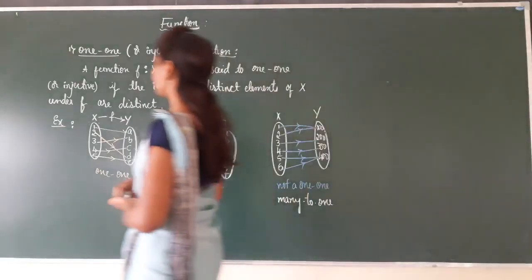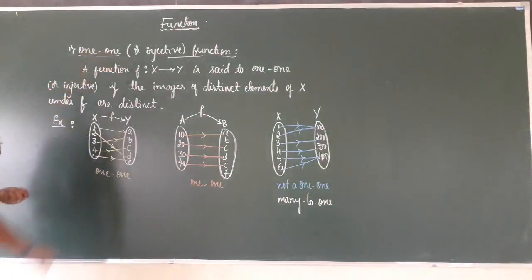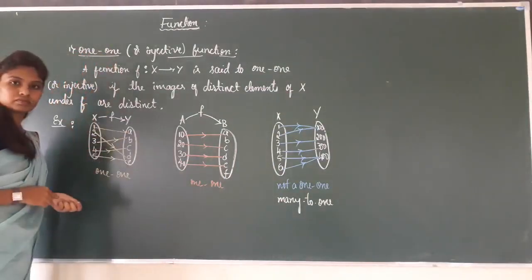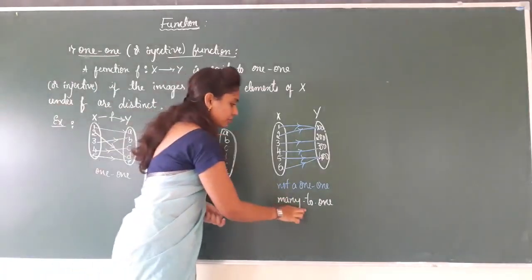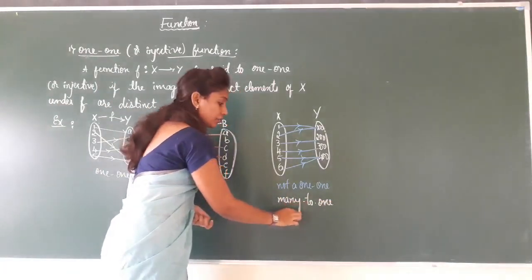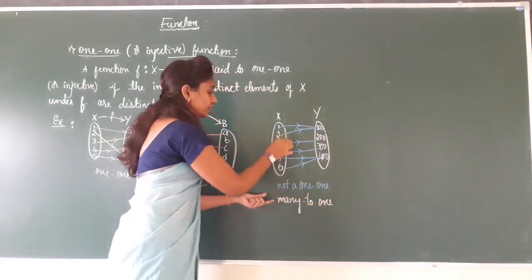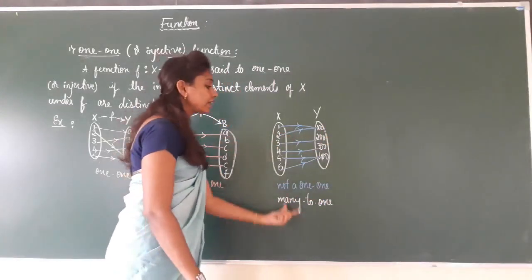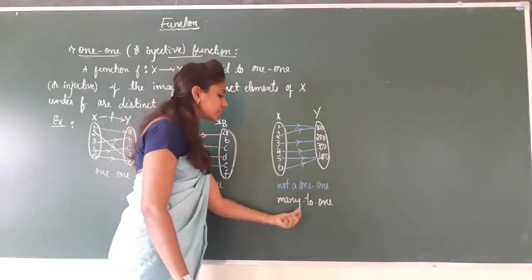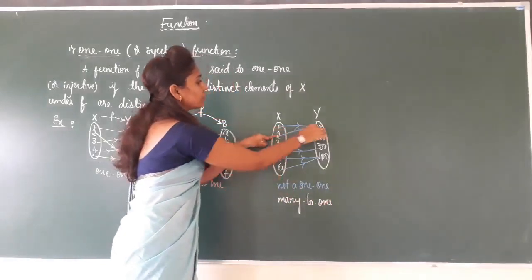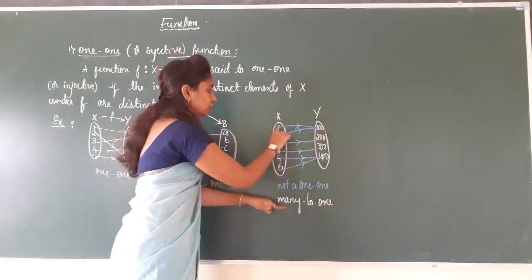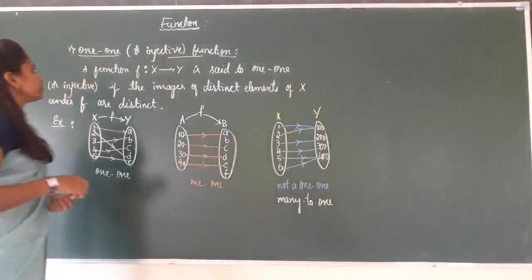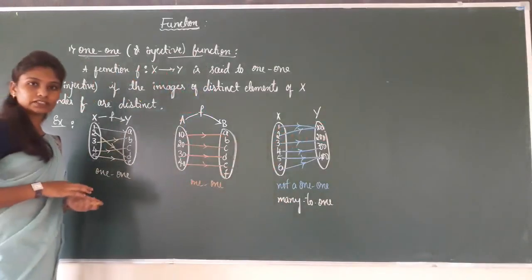The name only suggests that one to one means a mapping from one element to one. Here many to one means the images of distinct elements are the same image. Many elements having the same image. Many to one. Clear? This is one-one function and many to one function.